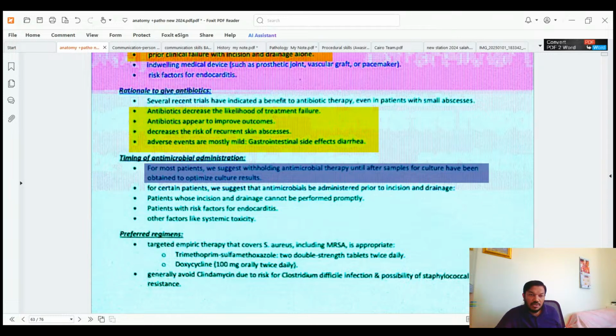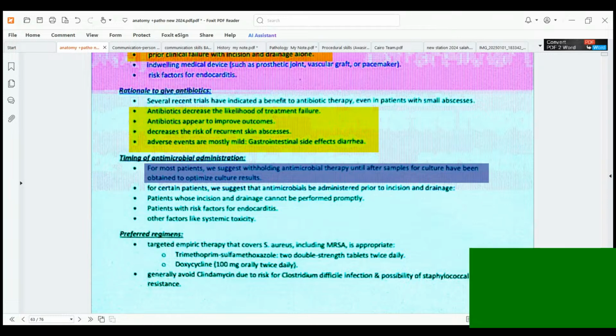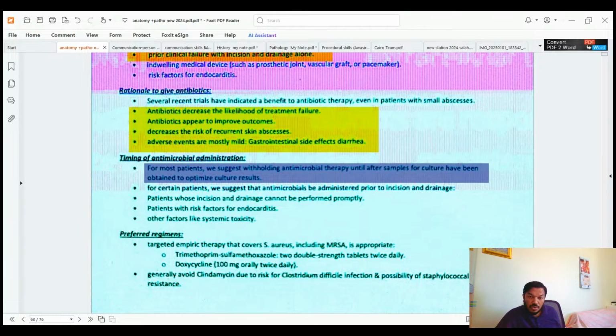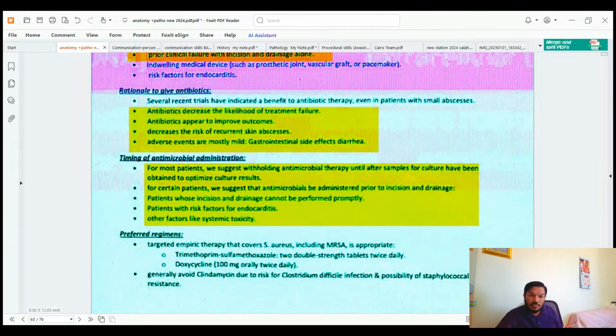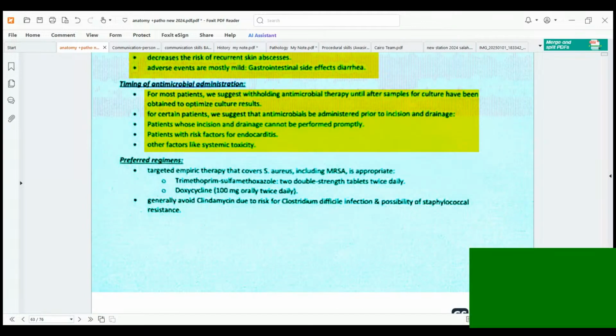For certain patients, we suggest that antimicrobials be administered prior to incision and drainage: patients whose incision and drainage cannot be performed promptly, patients with risk factors for endocarditis, and those with other factors like systemic toxicity.